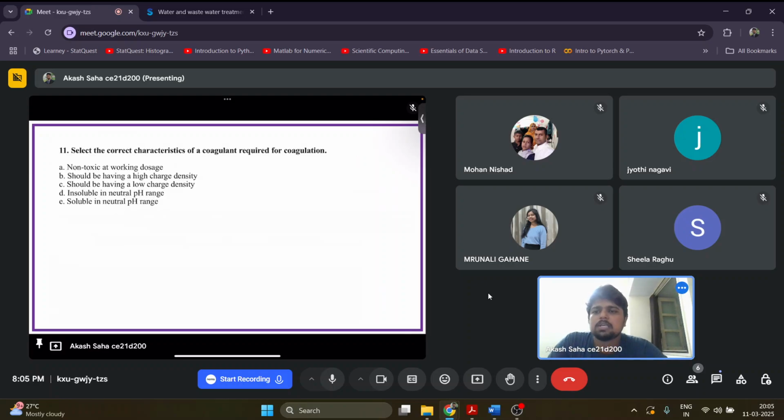Next one. Select the correct characteristics of a coagulant required for coagulation. So we are talking about coagulation here. Non-toxic at working dosage, should have high charge density, should have low charge density, insoluble in neutral pH range, soluble in neutral pH range.